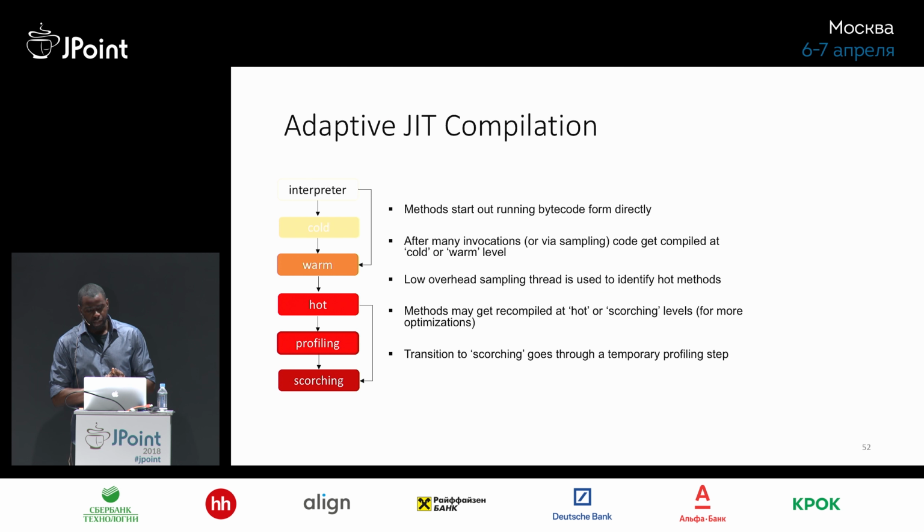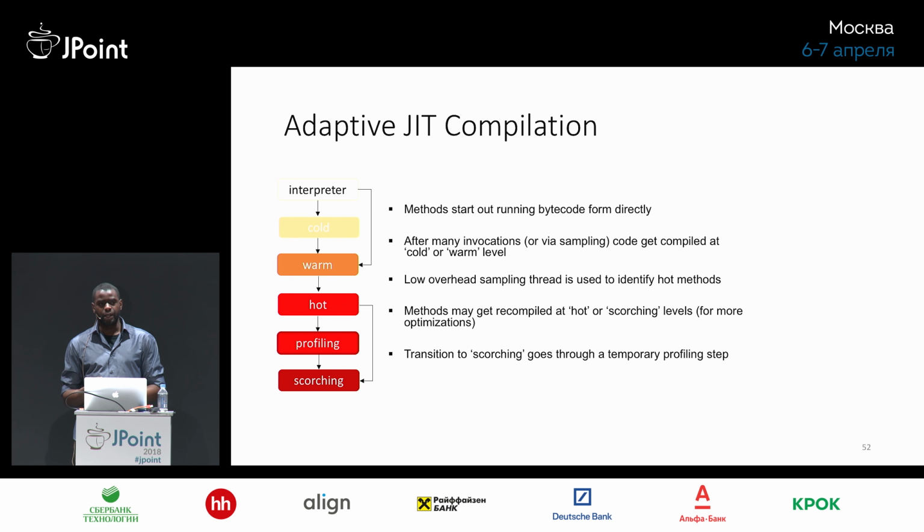The Testarossa JIT does tiered compilation, meaning that it has different levels of compilation. When a JVM starts, all methods run interpreted. This is basically the first level. After they reach a certain invocation count, or the profilers determine that a lot of time is spent in the method, then it gets compiled.